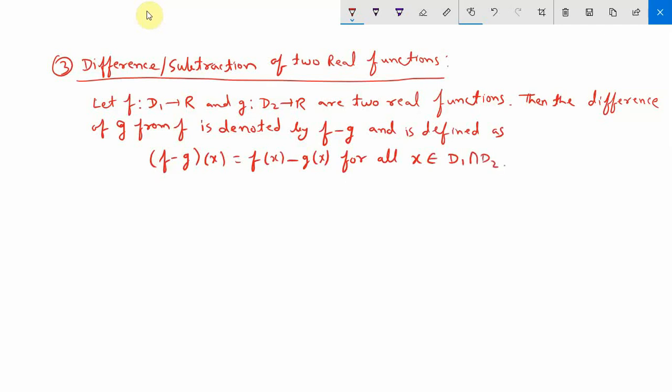Okay, friends. So we have discussed addition, multiplication, and subtraction.